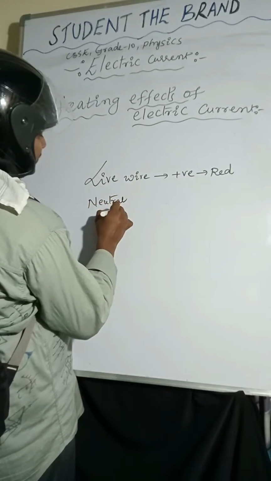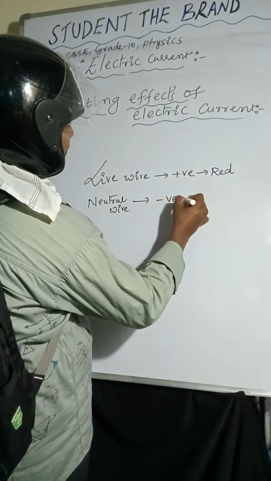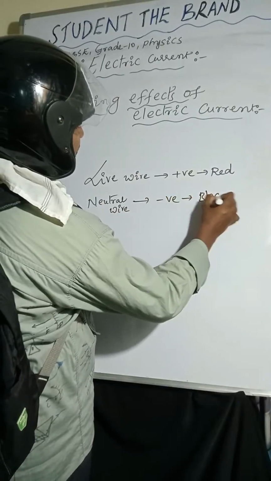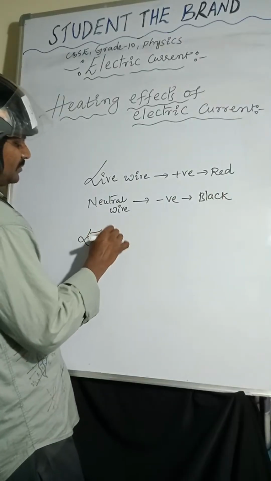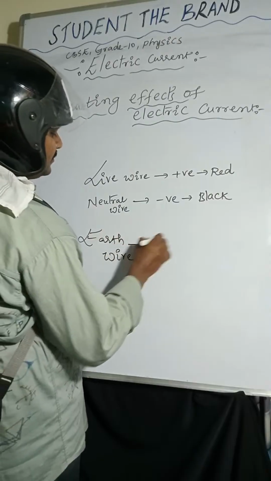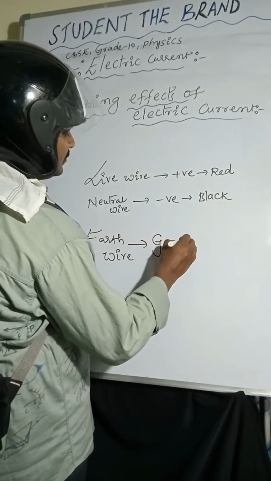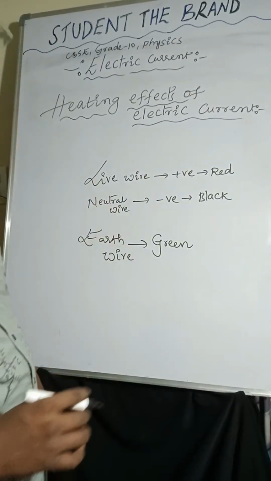The neutral wire is the negative terminal, black color. The earth wire is green color. I'll write it better. So these points are very important.